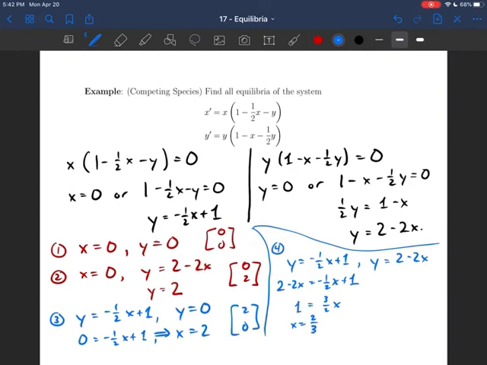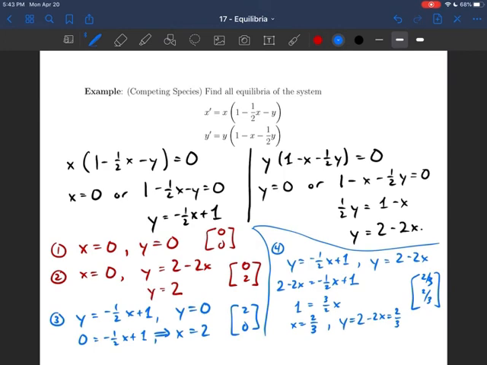Substituting one into the other, 2 minus 2x equals minus 1/2 x plus 1. So 3/2 x equals 1, so x is equal to 2/3. Plugging that into y equals 2 minus 2x, y is also 2/3. So we get an equilibrium 2/3, 2/3.